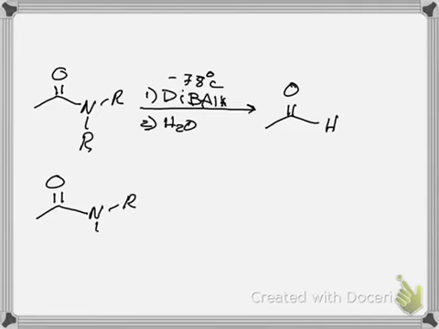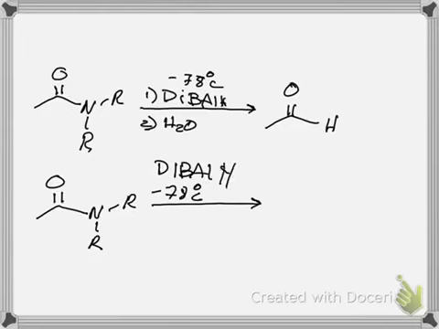If you take DIBAL and you react it with that amide, but you don't have it at negative 78 degrees C. Instead, you've got this at 0 degrees C. A sauna compared to where we were.